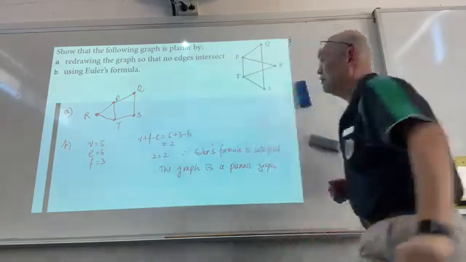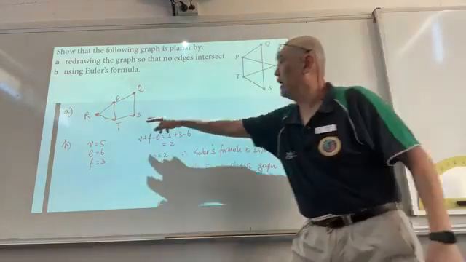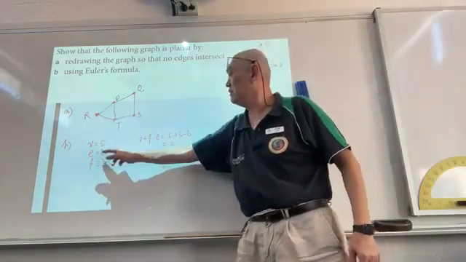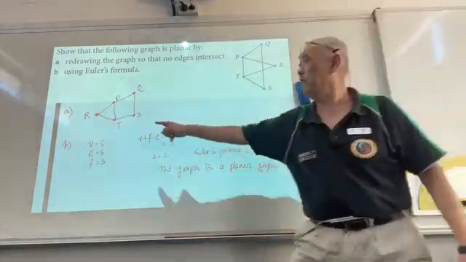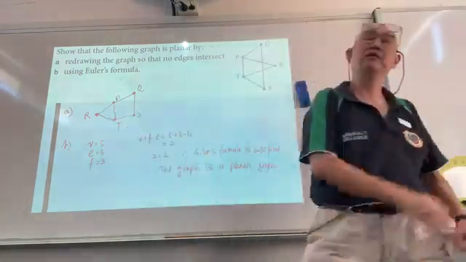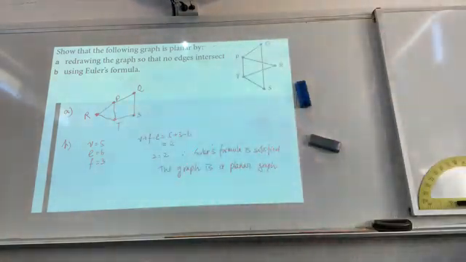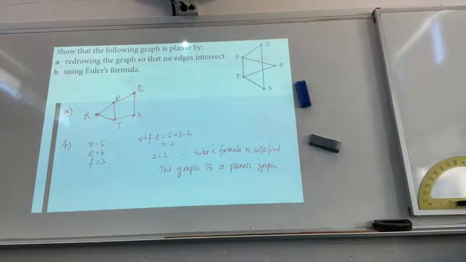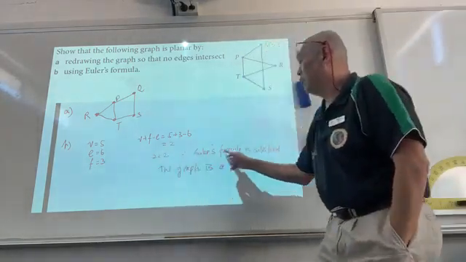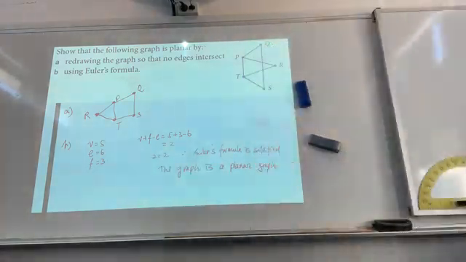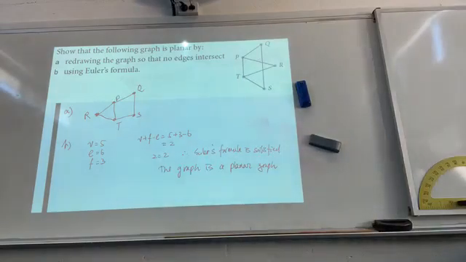So I've got that, and from there I know that there are 5 vertices and 6 edges. Work out the faces: 1, 2, and 3, so 3 faces. Use Euler's formula, and it's important to prove it. State that 2 equals 2 when Euler's formula is satisfied and the graph is a planar graph.